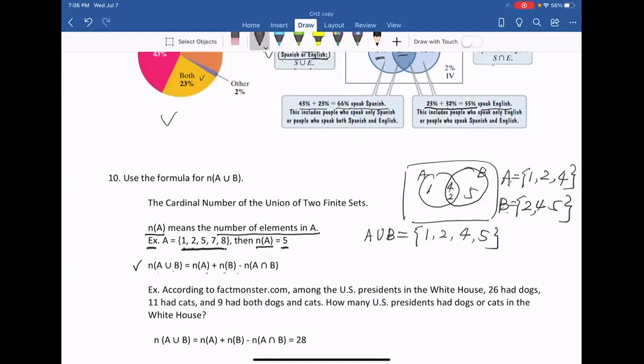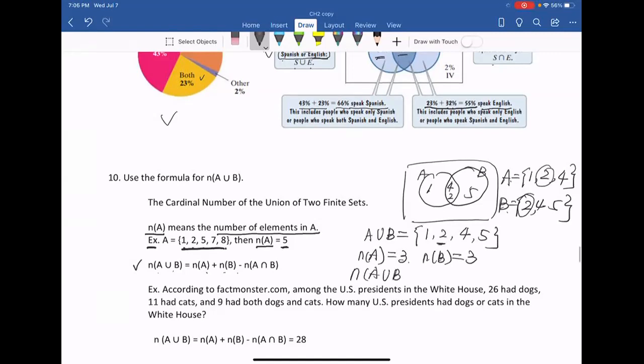Even though we have 2 here and 2 here, we don't put two 2's. That means the n of A equals 3, n of B also equals 3, and n of A union B equals n of A plus n of B minus the intersection.